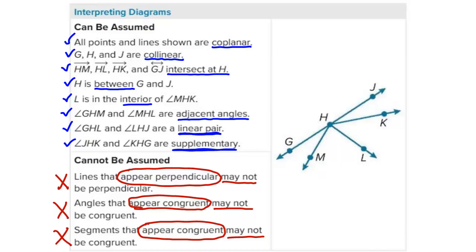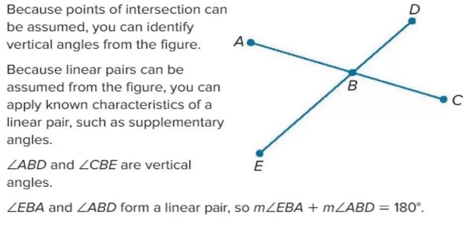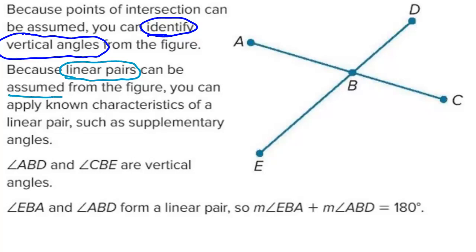So looking at this figure here at the bottom of the page, I am allowed to assume points of intersection. So I can identify vertical angles in any picture. I can always go through and identify vertical angles. Linear pairs are allowed to be assumed from the figure.